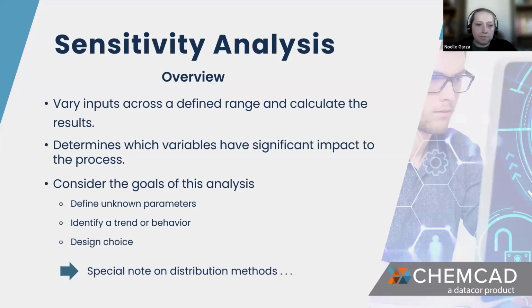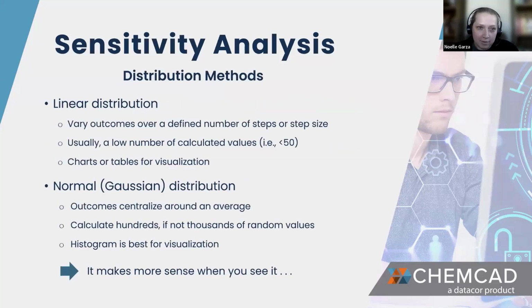Just a side note though on the distribution methods that we have available in ChemCAD, because a lot of times, if you've ever run a sensitivity study before, you're probably using the linear distribution method. This is where you just vary the outcomes for a defined number of steps or step size.